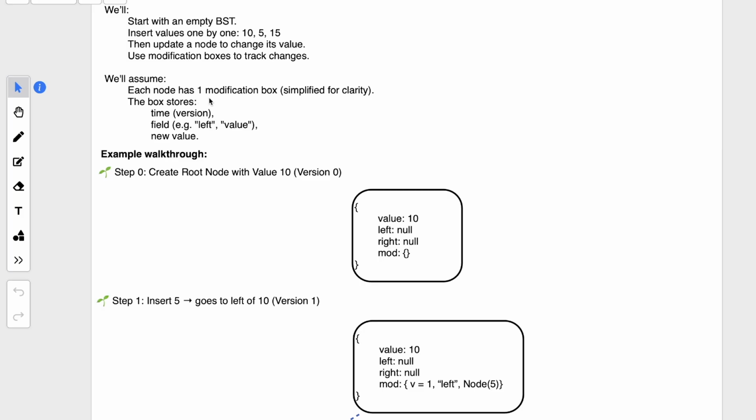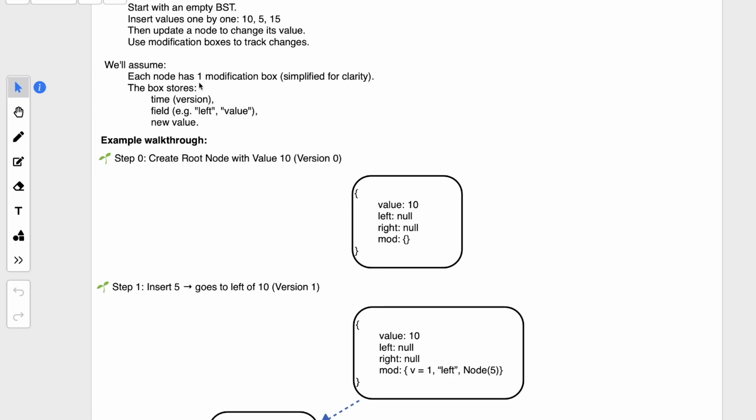But in real world scenarios, you don't take the size as one. You generally start with 3 or 4. This array will be an array of objects, and each object will store the version the change belongs to, in what field the change has happened, and what the new value for that is.